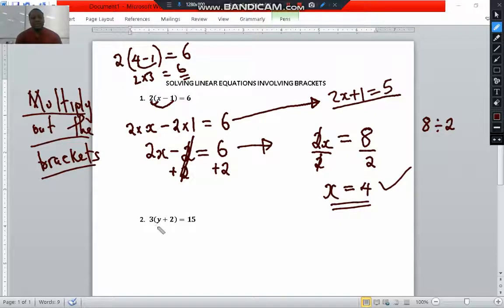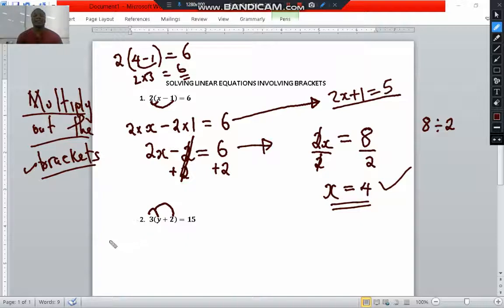So let's look at this question here, which says 3(y + 2) = 15. We want to find the value of this y here. So what we are saying is we need to multiply out the brackets by multiplying 3 by any other term that is inside the bracket.